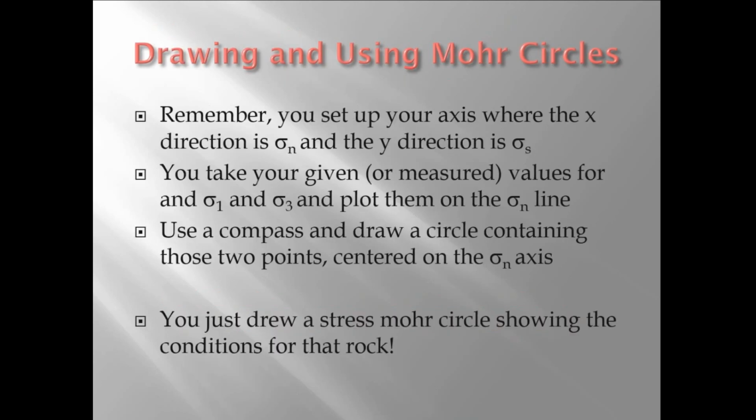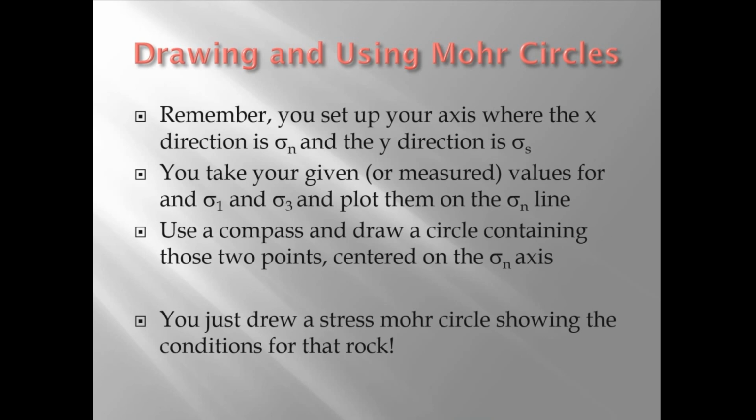I know you guys reviewed this last week for the stress circles, but you'll set up your x and y axis. Sigma n, your normal stress, is your x-axis, and sigma s is your y-axis. Whatever measured or given values you have for primary stresses, you take sigma 1 and sigma 3 and plot them on your x-axis.